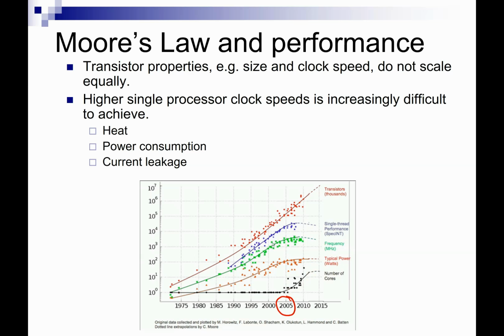So this is how you get better performance now, not through increased frequency, but through increased parallelism by increasing the number of cores. And so this is why parallel computing became ever more important after 2005. Before 2005, you didn't need parallel computing for better performance. But since 2005, this has been basically the only way that we can get improved performance.